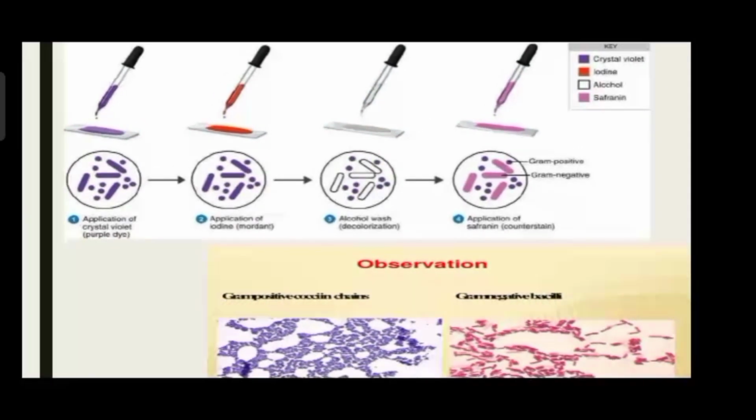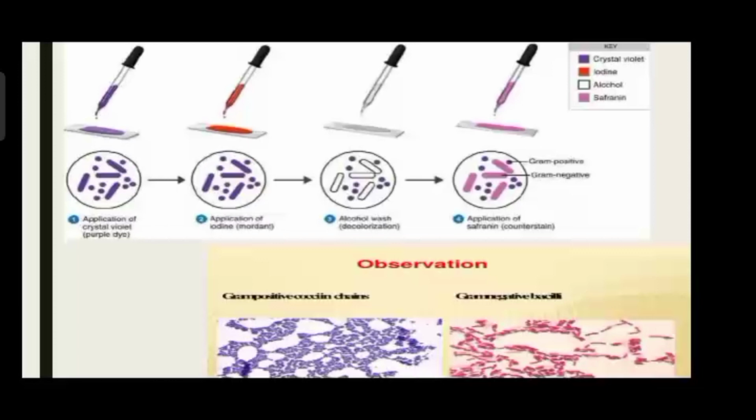In the third step, you can see the smear is treated with 95% alcohol, the decolorizing agent, and immediately rinsed. This alcohol dehydrates the gram positive cell wall and traps the crystal violet iodine complex within. But in gram negative cells, it dissolves the lipid rich outer layer of the cell wall, thereby making it porous.